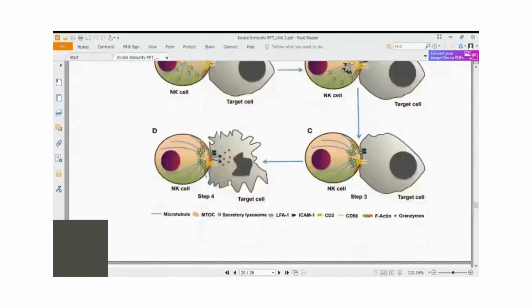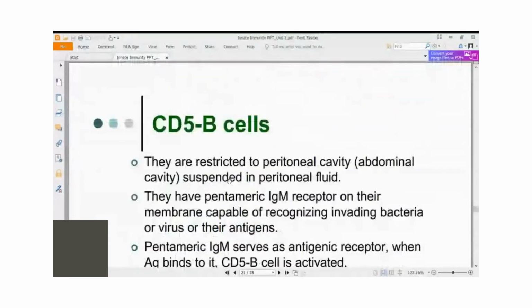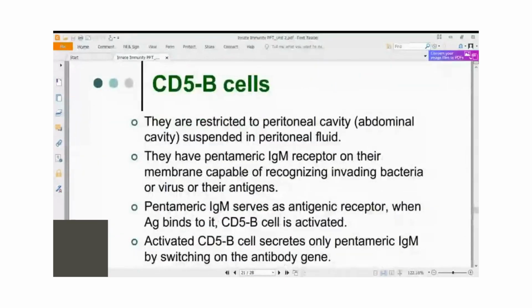Now we will see another type of cell, that is the CD5 B cell. The CD5 B cell is a special type of B cell which has a receptor called CD5 on its surface.